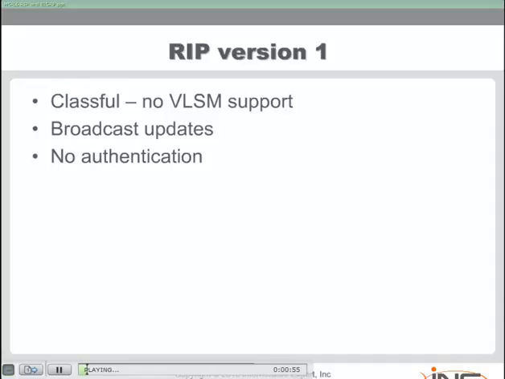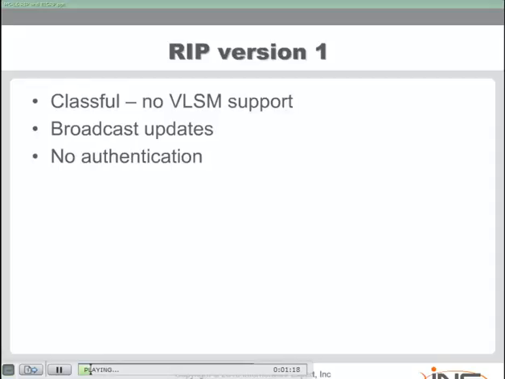What we should focus on is the shortcomings of RIP version 1. And by the way, this goes a long way towards helping you understand what's up with RIP version 2. If you know the shortcomings of the first protocol, then you'll know what's so exciting and great about the second protocol.